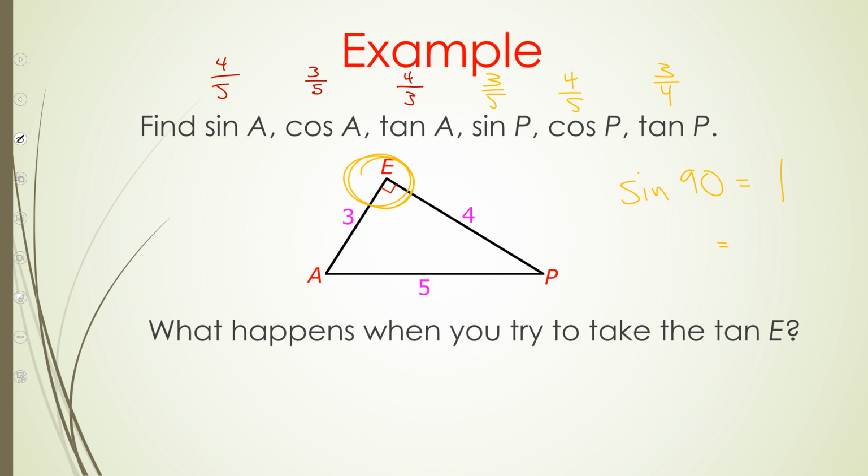Correct. In this particular case, the opposite side is 5, the hypotenuse is 5, and sure enough, 5 over 5 is 1. Which one gave us an error? Tangent. Why does the tangent give us an error? We need opposite over adjacent, and the calculator doesn't know, are you talking about 4 or are you talking about 3? So it just gives up and tells you it's an error.